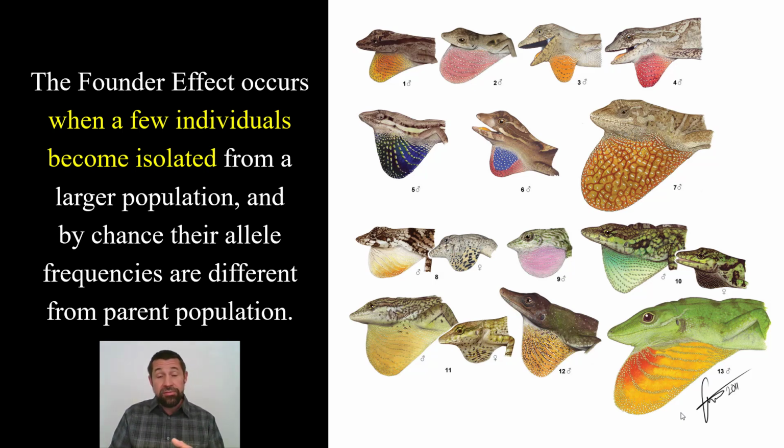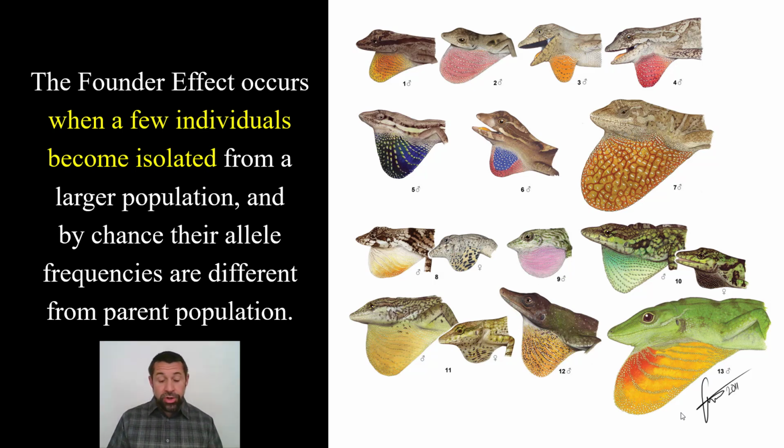Those founding individuals, or that one pregnant female that wrapped it over on the log, the alleles that the founding population happens to carry, those alleles are likely to be very different proportionally than the allele frequencies in the original ancestral stock. This is what we call the founder effect.